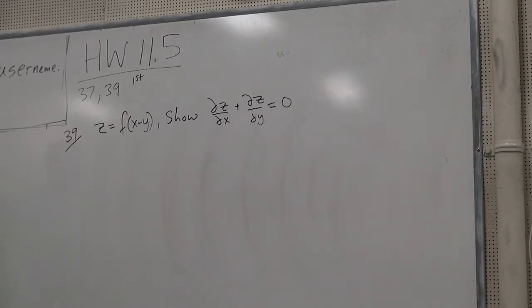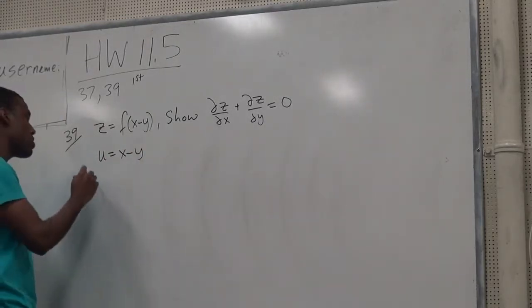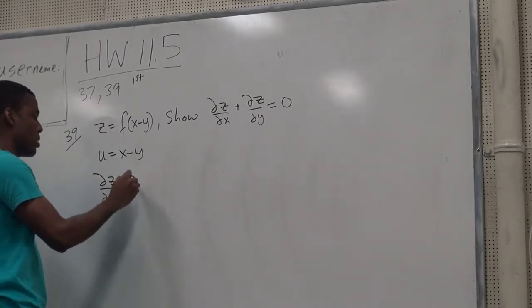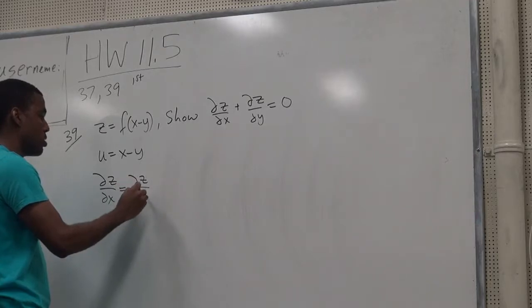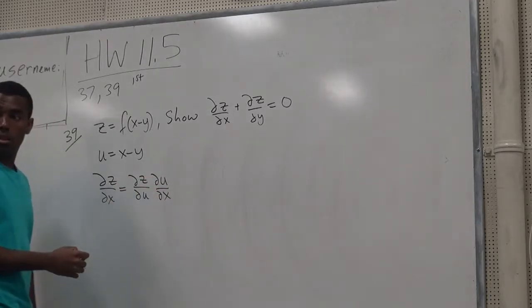I mean, if you wanted it to look more like our formula in calc 3, you'd actually have to do sort of like a substitution, something like u equals x minus y. Okay. And then you can say partial of z with respect to x is just partial of z with respect to u, partial of u with respect to x. Right?